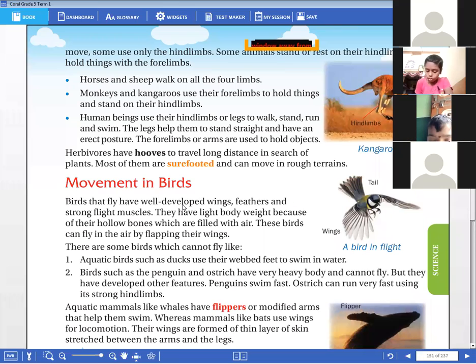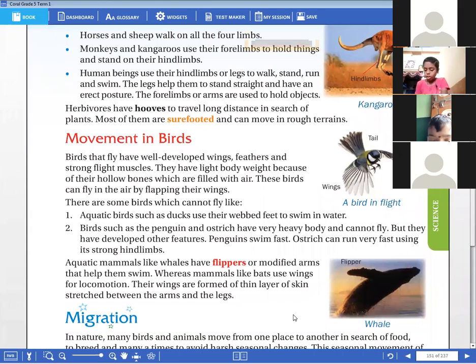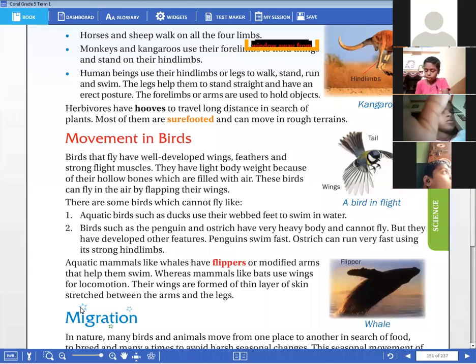Aquatic mammals like whales have flippers, or modified arms that help them swim, whereas mammals like bats use wings for locomotion. Their wings are formed of a thin layer of skin stretched between arms and legs.